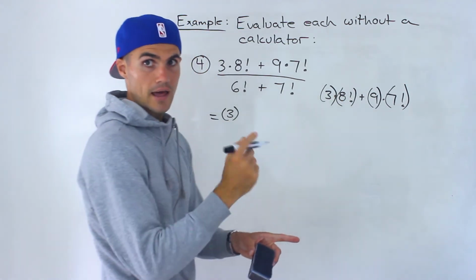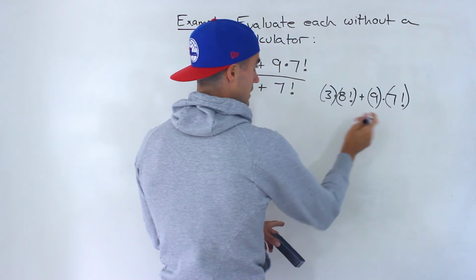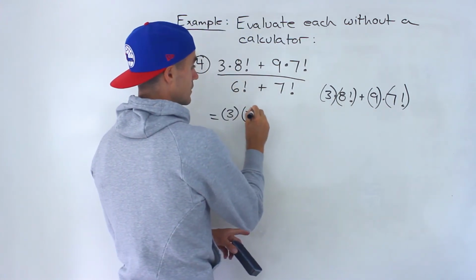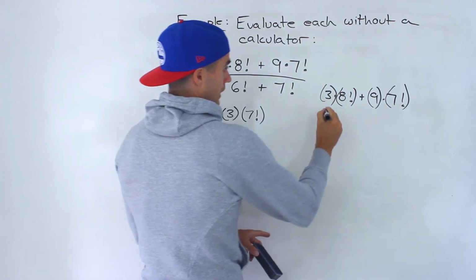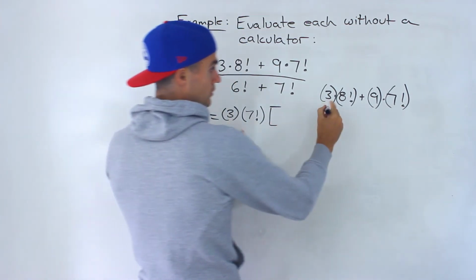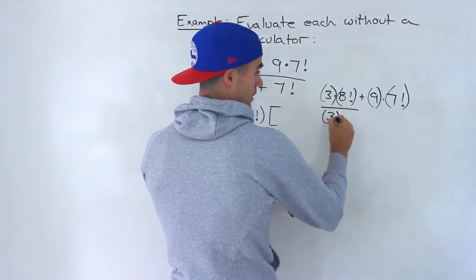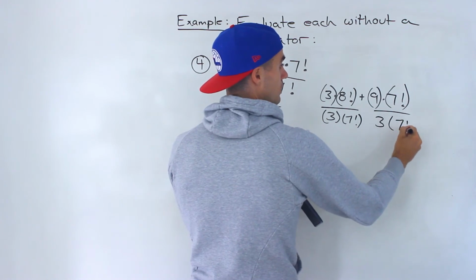So notice the 3 and the 9, we could take out a 3, and then from the factorials we could take out the lowest one, which would be 7 factorial. And so what would we be left with when we factor out 3 times 7 factorial?